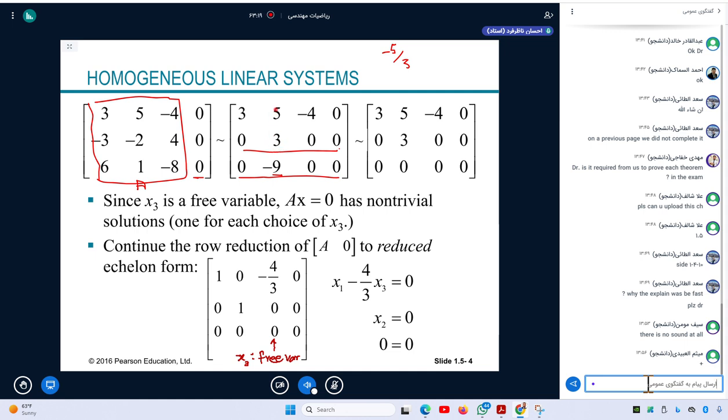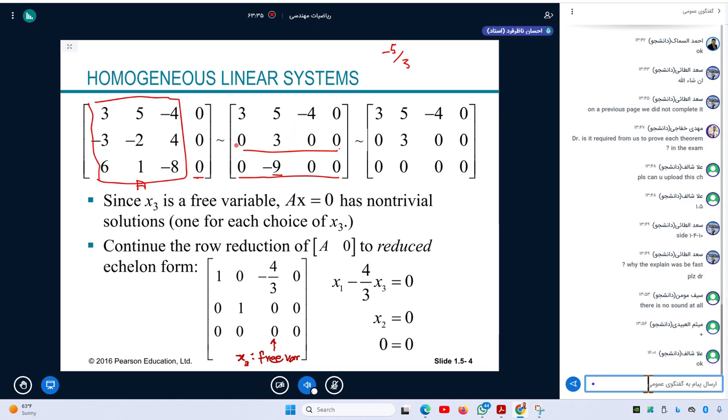And then you can add it to the first row, which makes this 5 become 0. Okay. And then you can do something else.